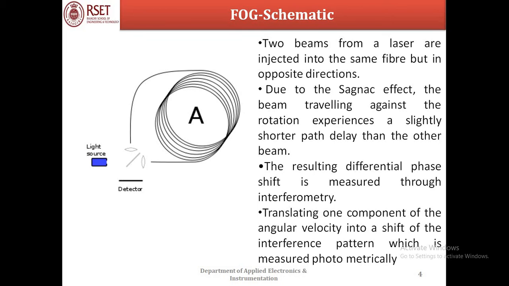The phase shift of the interference fringes is proportional to the platform's angular velocity omega and is given by delta phi is approximately equal to 8 pi by lambda c, omega into A, where A is the oriented area of the loop and lambda the wavelength of light.